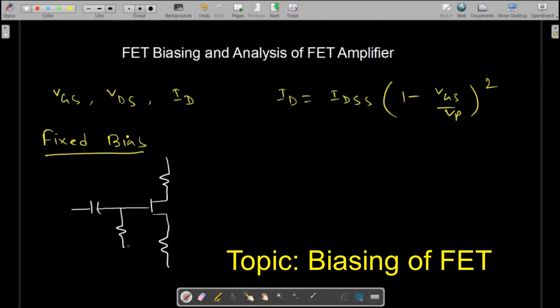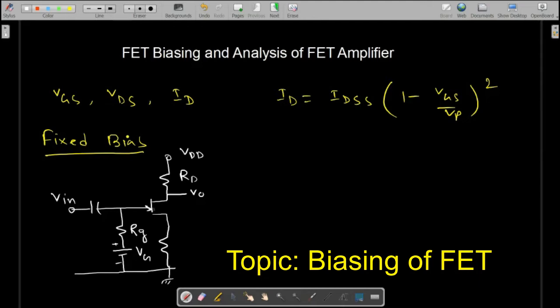Let this point be grounded, and this resistance RG, and here we are applying some voltage VG, and here we are applying some input, the source signal Vin, and this one is the supply voltage VDD, and you can take one resistance RD, and we are taking output voltage from here, V0.